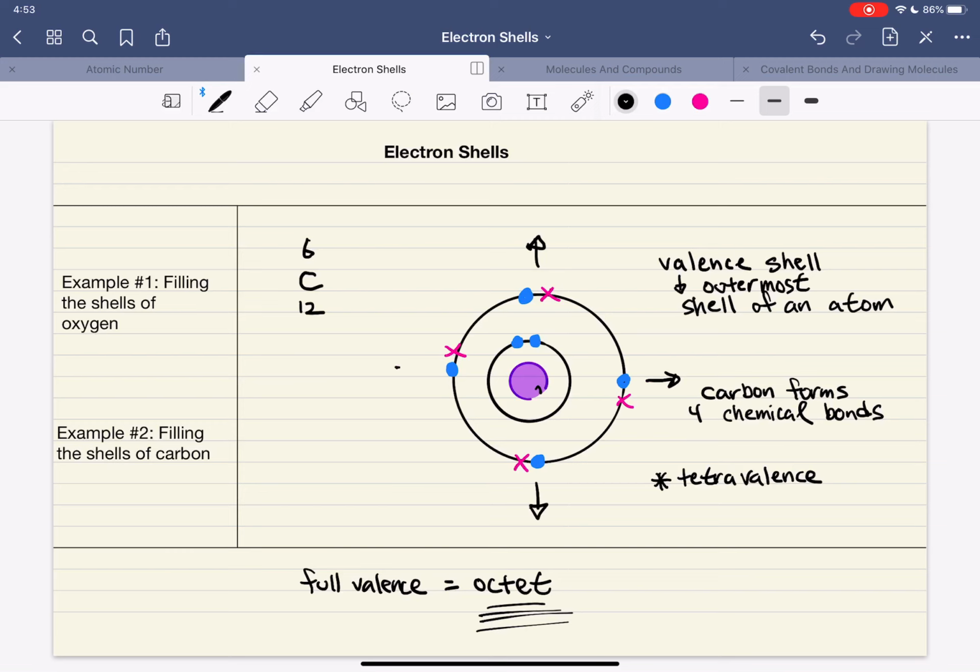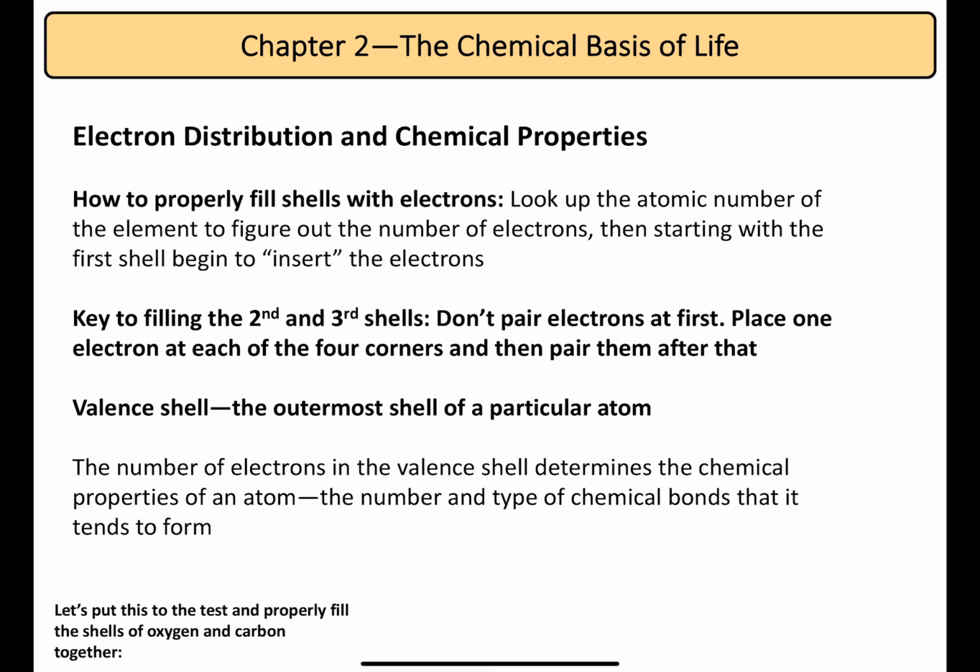You can build bonds in 4 different ways. Okay? Towards you, away from you, up, down. So carbon is the cornerstone of all biology. So here we see what I was just talking about. The number of electrons in the valence shell determines the number of chemical bonds that atom tends to form in nature.